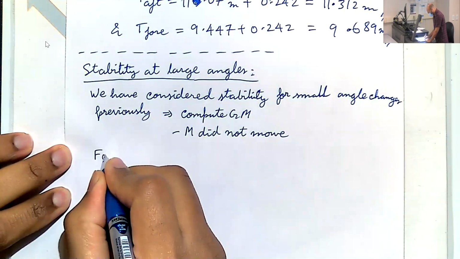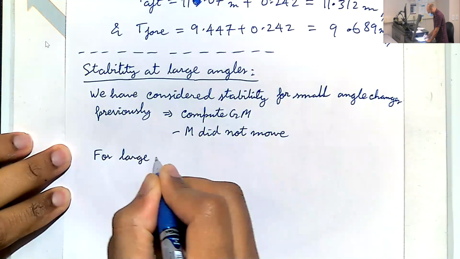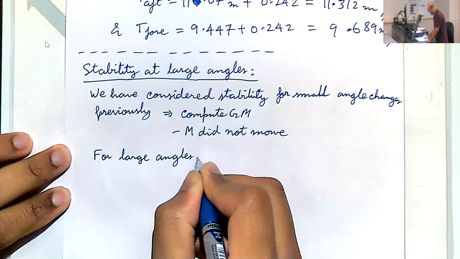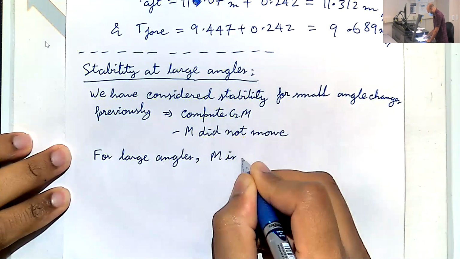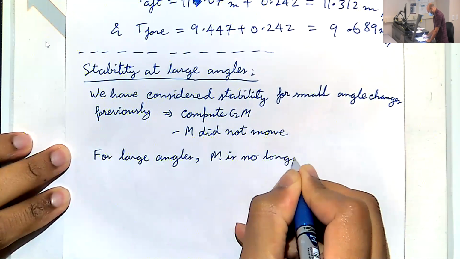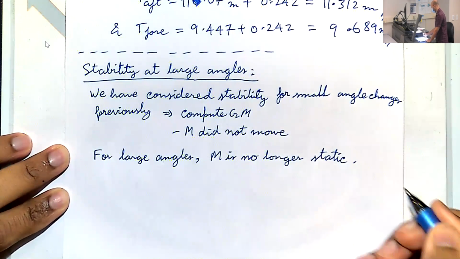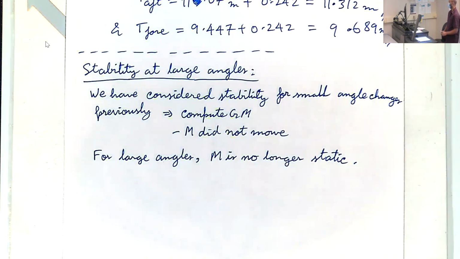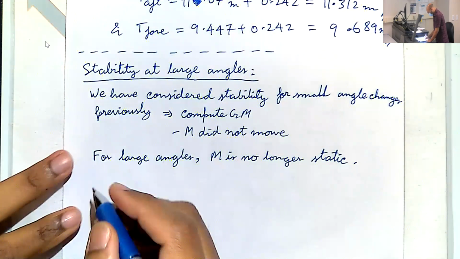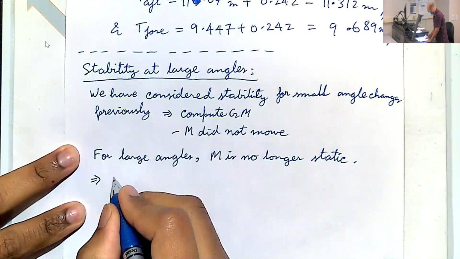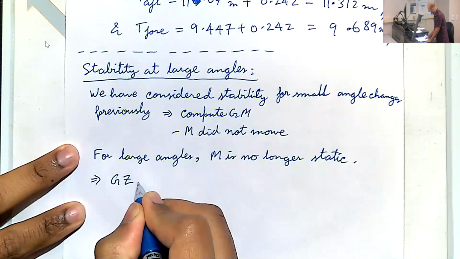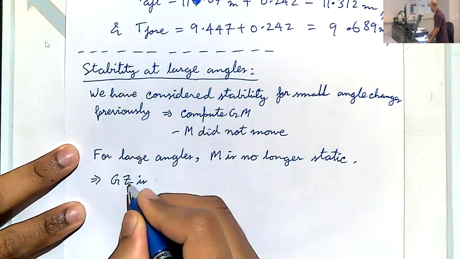So for large angles, M is no longer static. And since M keeps moving around, GM is not a very good measure of stability anymore. So in this case, GZ is a better metric. I'll tell you what exactly GZ means.